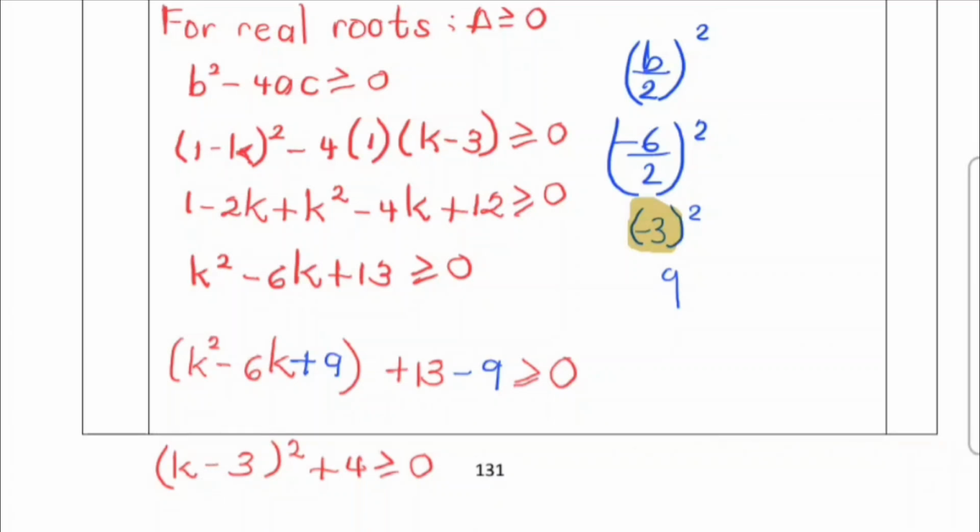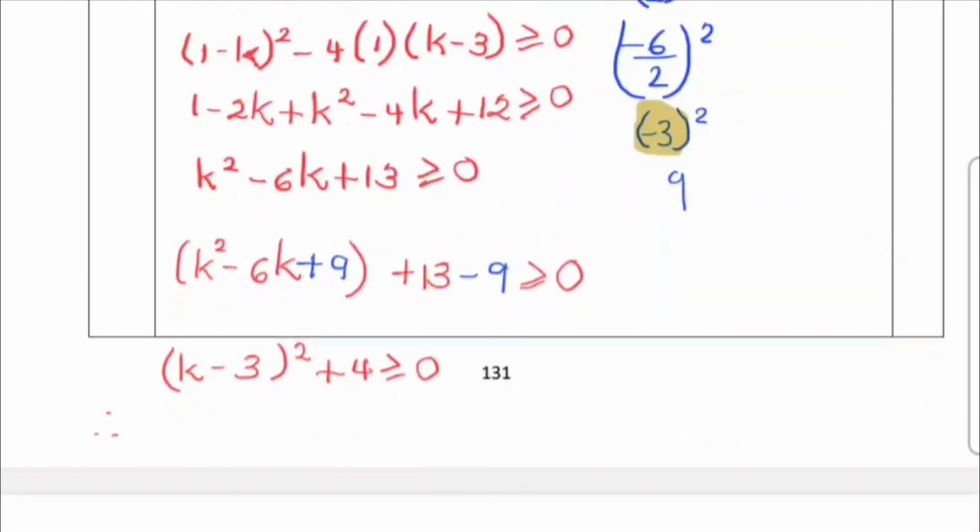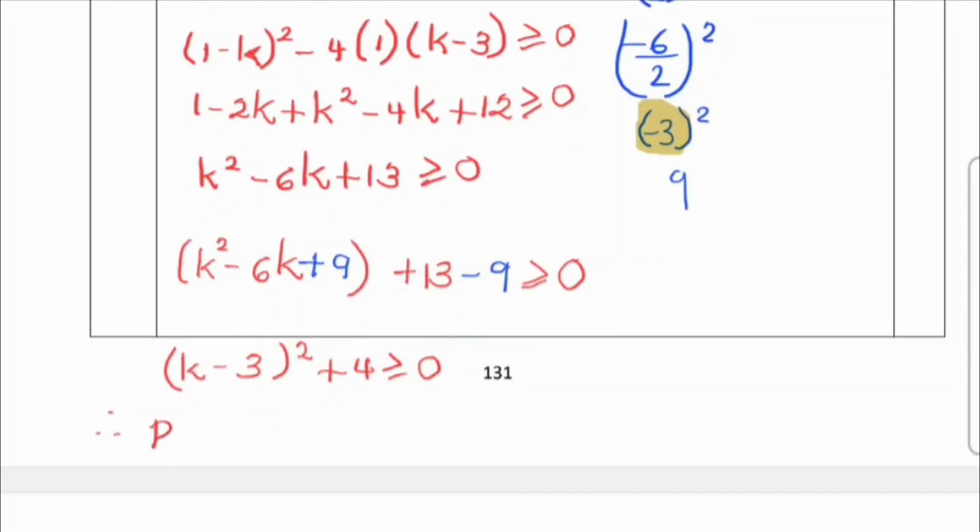So as you continue substituting values, you see that your discriminant will always be greater than or equal to 0, which means that your roots will always be real. So from here we can conclude and say, therefore, the roots are real.